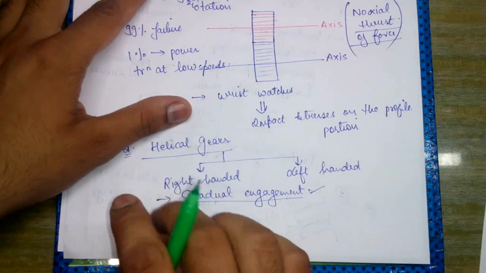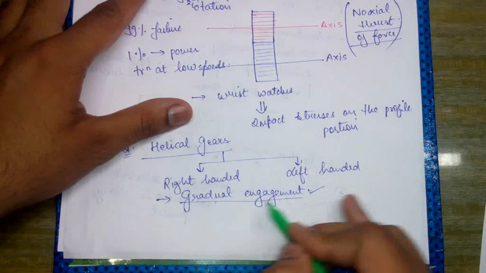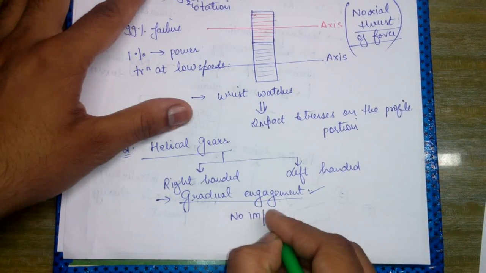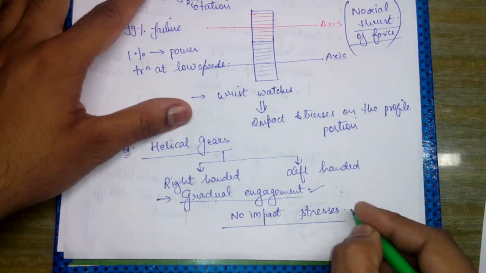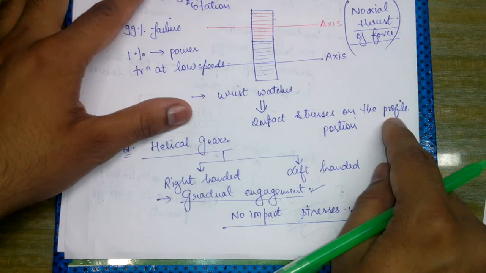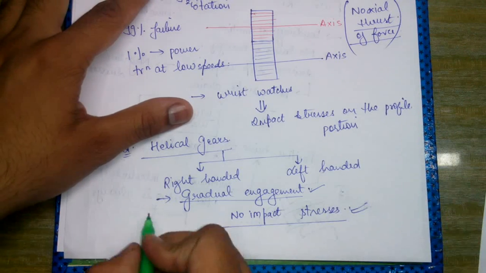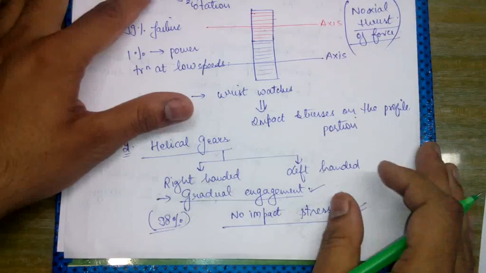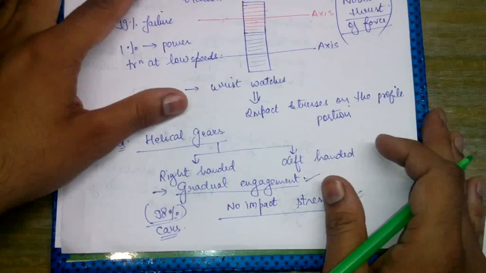The right-handed helix must be in contact with the left-handed helix, and this resulted in gradual engagement with no impact stresses. This was also an advantage. Impact stresses were in the profile in spur gears, but now they have been removed. They were 98% of use, and they are generally used in cars.